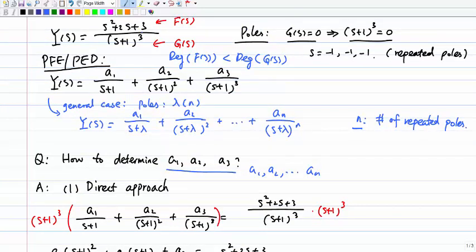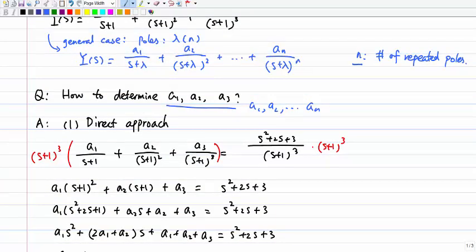That means a1 divided by (s plus 1), plus a2 divided by (s plus 1) squared, plus a3 divided by (s plus 1) cubed, is equal to my Y(s).